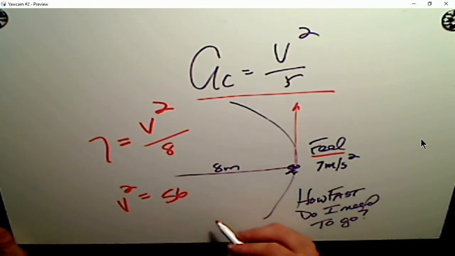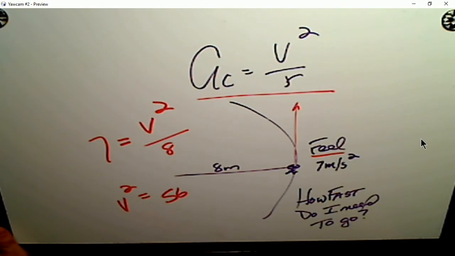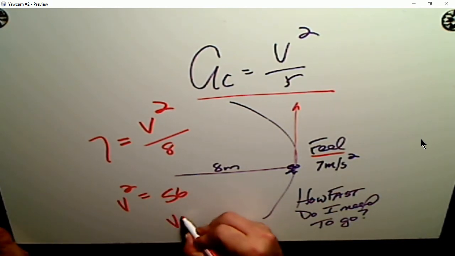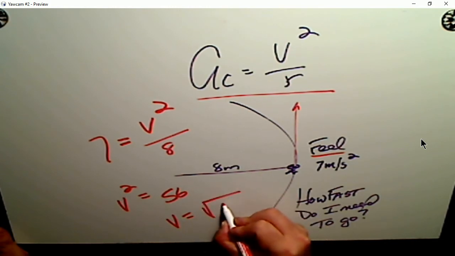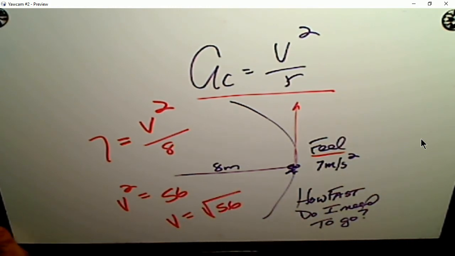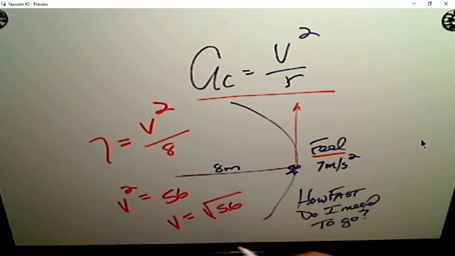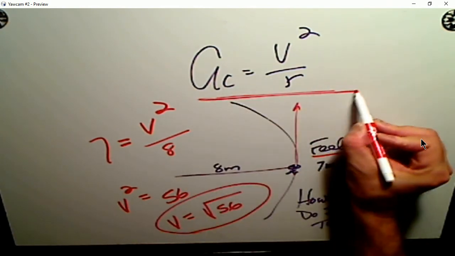So you can see how fast I have to go, roughly square root of 56. So that's the type of problem you would need to solve for in terms of centripetal acceleration.